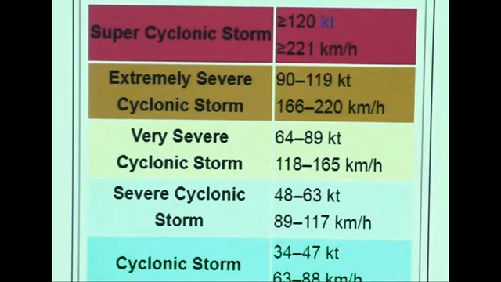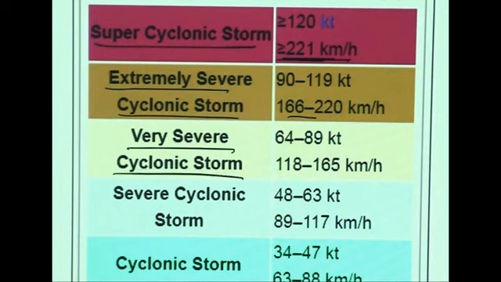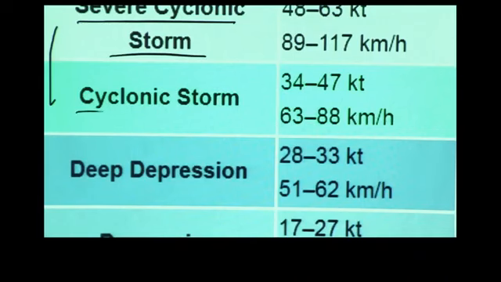You can see if it is more than or equal to 221 kilometers per hour, we call it a super cyclonic storm. If it is weaker than that, then it is an extreme severe cyclonic storm, very severe cyclonic storm, and severe cyclonic storm, the top 4 categories. And then cyclonic storm, deep depression and depression are the other 3 categories.